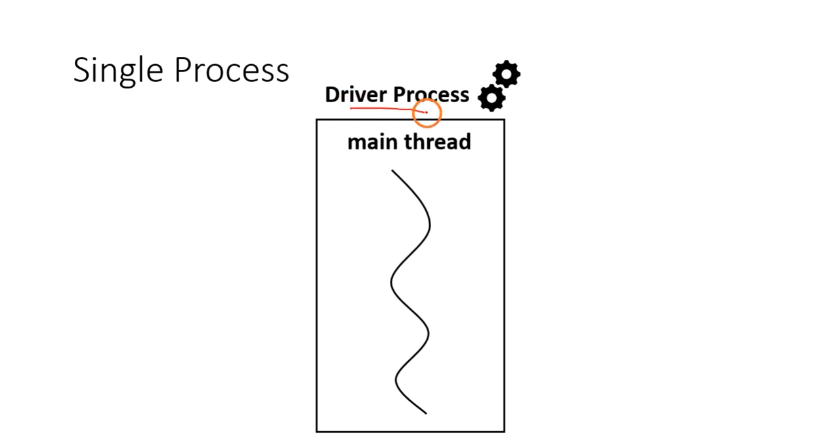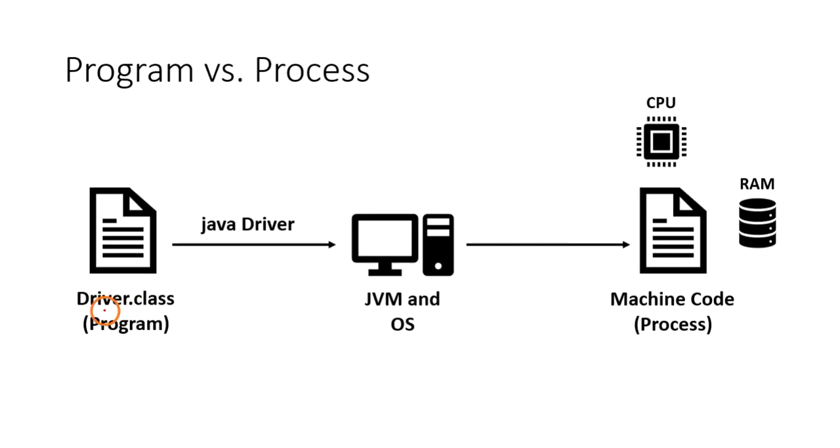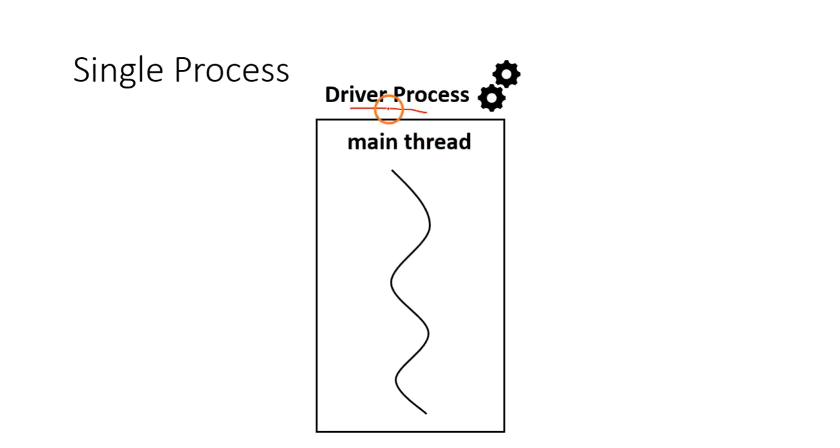Now consider you have a driver process. Whenever I run this .class file, a process is created, right? So let us think that the process name is driver. Within this driver process, there will be a thread called the main thread. I will talk about threads later, but for now, inside this driver process, there is a single thread called the main thread. In every Java program, you will write a main method, right?